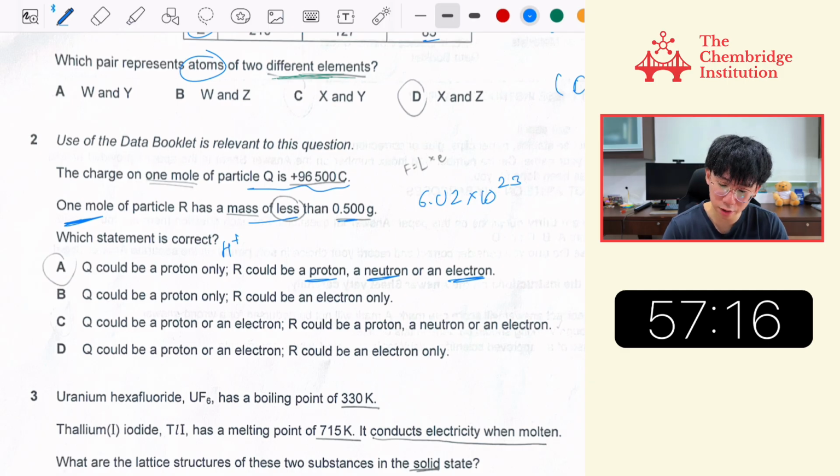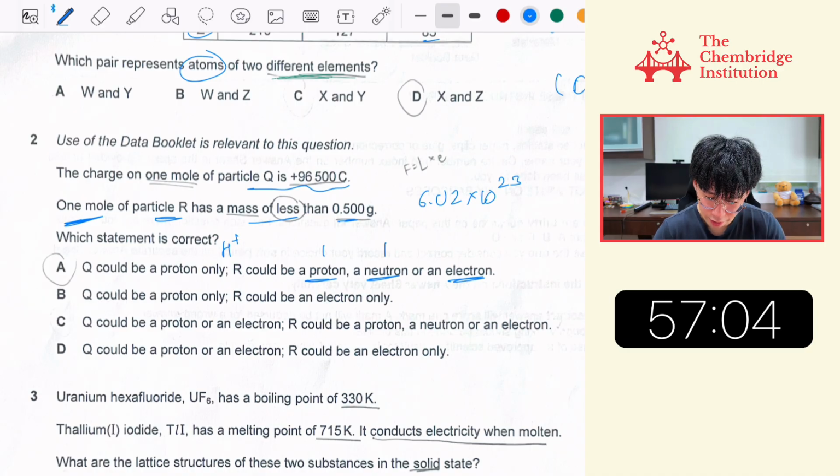We know that 1 mole of a proton and 1 mole of a neutron is basically 1 gram each, right? So if R has a mass of less than 0.500 grams, then this can't really be the answer here. So I wouldn't pick this as the answer.